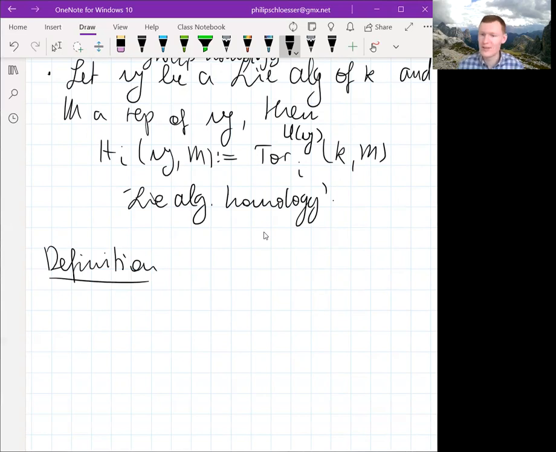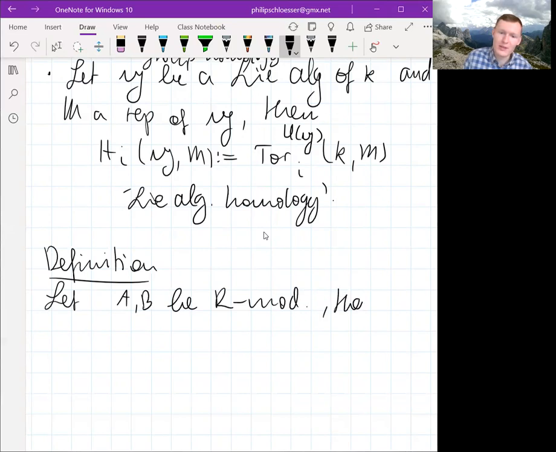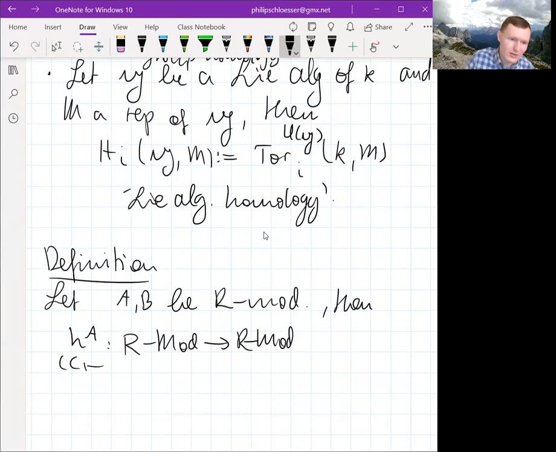So now for a more interesting example of a derived functor, let A and B be R modules. Then we can look at the Yoneda functor, namely the functor that maps some object C to Hom(A, C), which is left exact.